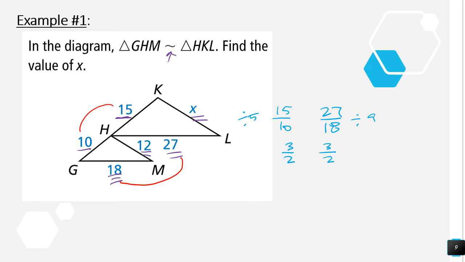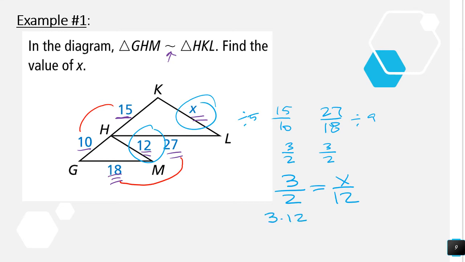So it doesn't matter which of those ratios I use to start my proportion, but I'm just going to use the reduced one, 3 over 2. And then I'm going to pull the x and the 12. Since I used 15 in my numerator, I have to use x in my numerator, which means 12 will go in my denominator.